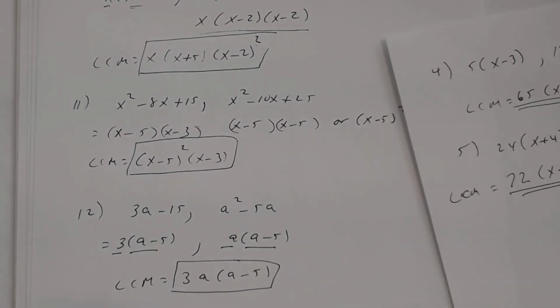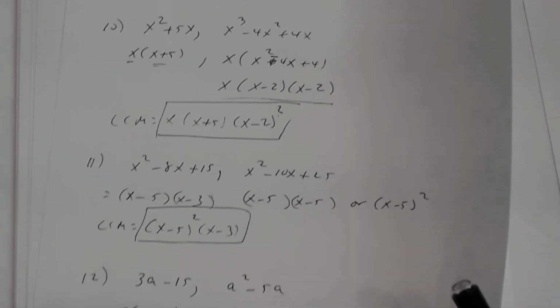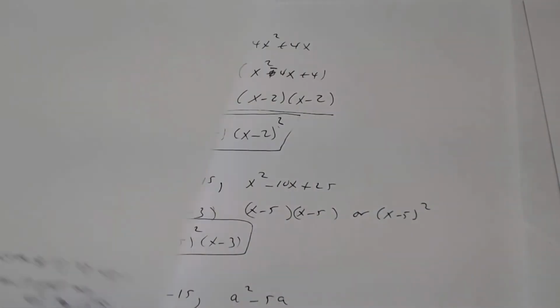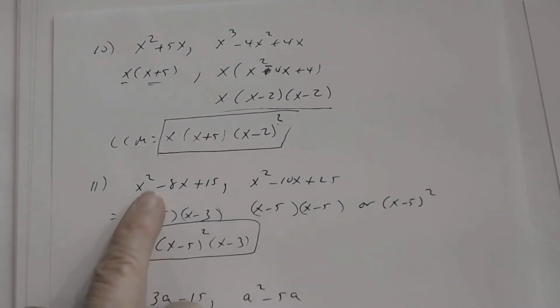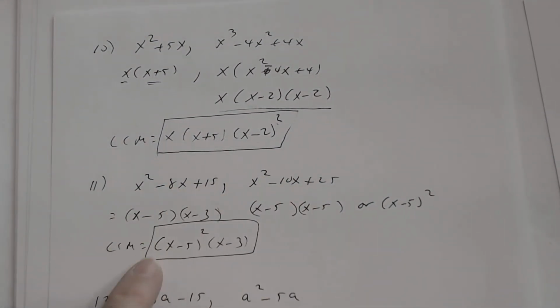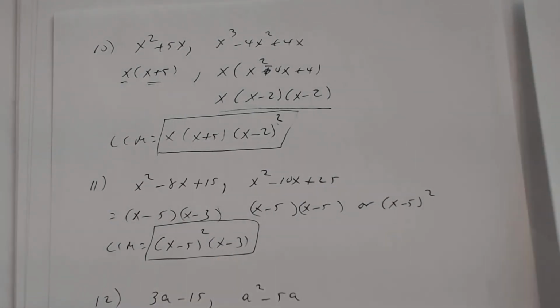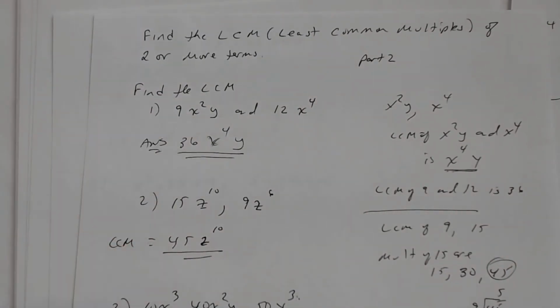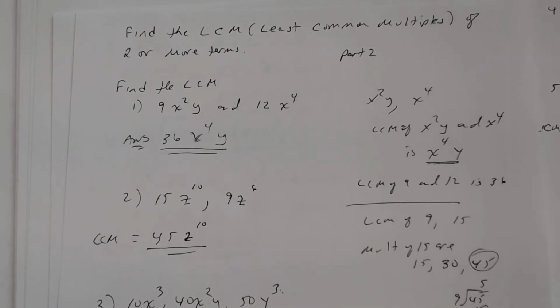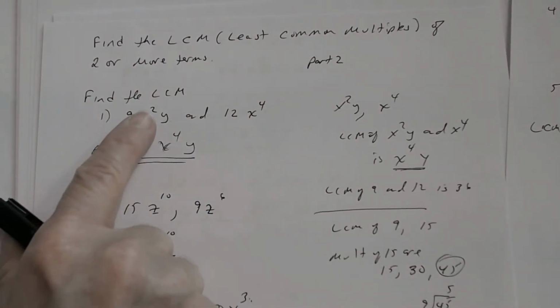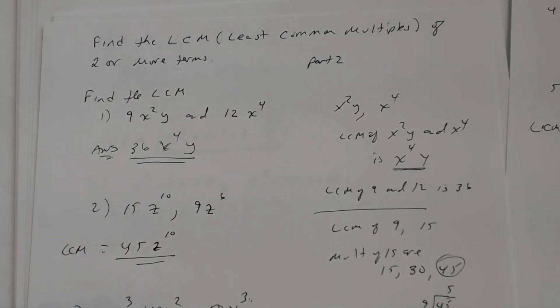All right, so it's very important you go back and you make sure that you understand all of these problems. The problems where you had to factor first and then find the LCM, and then the problems where you were just given monomial factors and then you found the LCM of those. Okay, so that's going to be the end of this lesson. So that's the lesson for part 2.